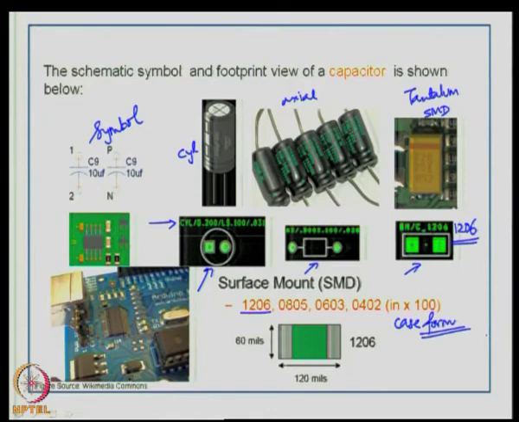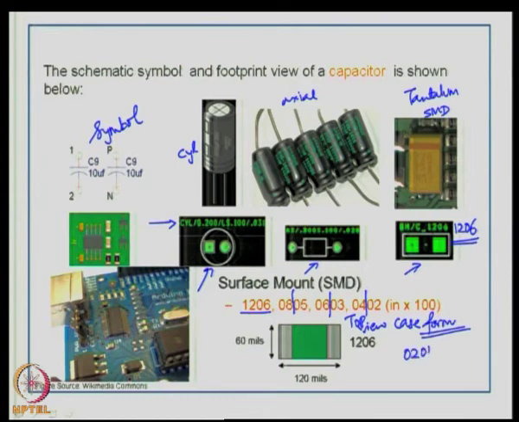That means for the capacitor, this is the top view. The dimensions are 120 mils by 60 mils, or an easy way to remember is 0.12 inches by 0.06 inches. So, this will be 0.08 inches by 0.05 inches, 0.06 inches by 0.03, 0.04 by 0.02.